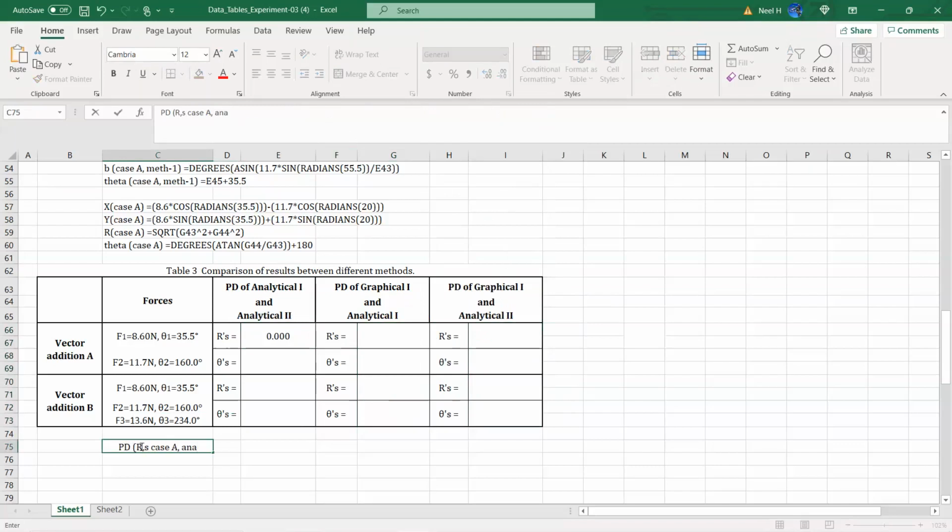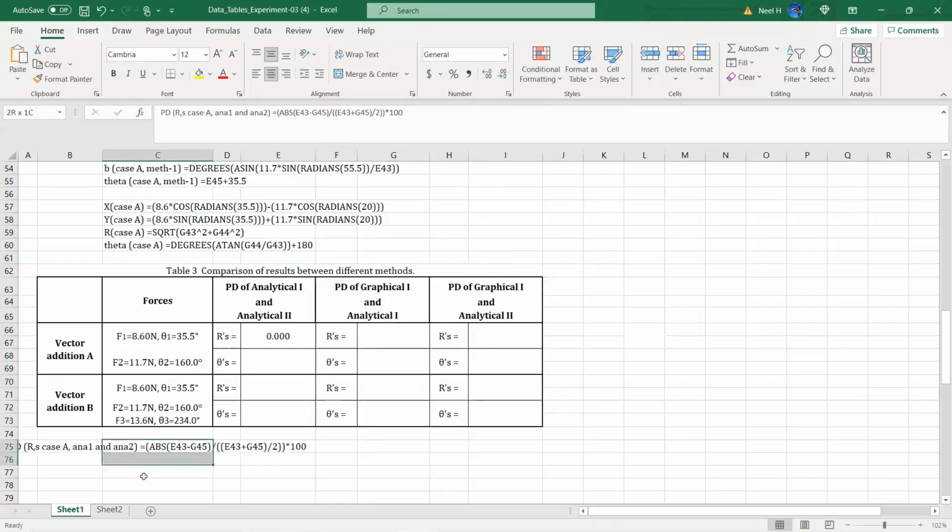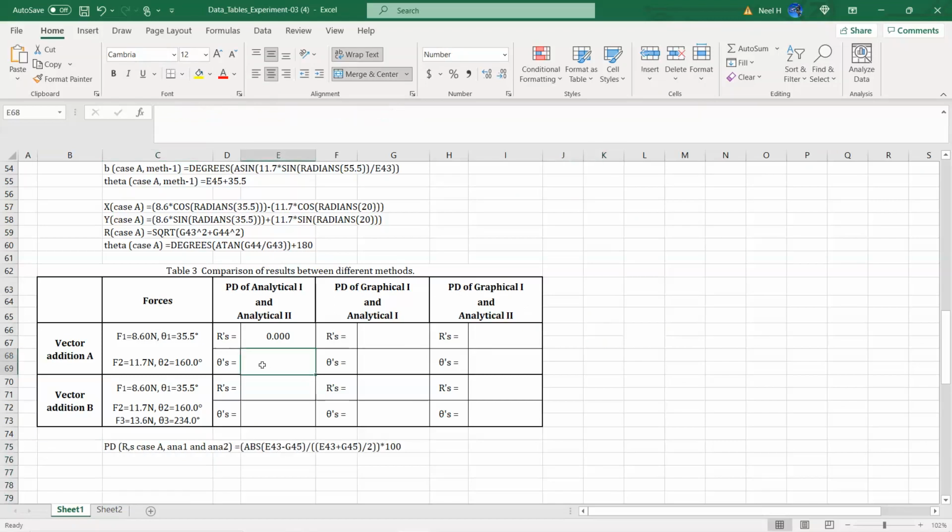Analytical 1 and then analytical 2. Comparing those two, okay. All right, guys, then let's take a look. Theta, I might get the same 0 because the answers are extremely close.